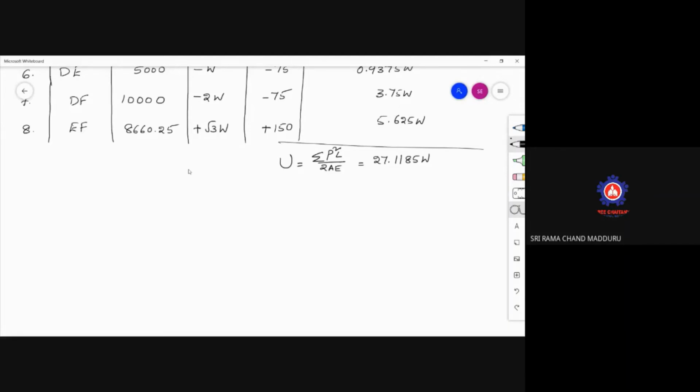Deflection at F from the strain energy method: deflection at F, delta F, is equal to 2U by W, where W is the load acting at F. So 2 into 27.1185 into W, and W will be cancelled.